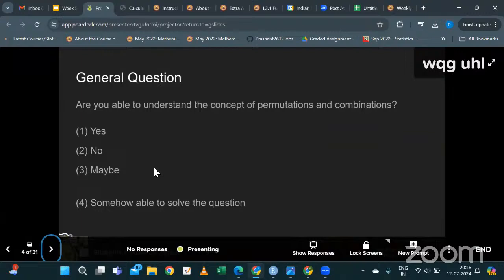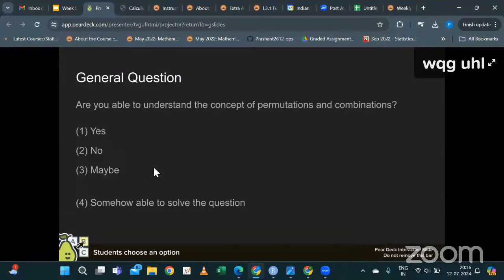Okay. So this is a very general question. I just wanted to know your thoughts on this, whether you are able to understand the concept of permutations and combinations, or is there something you find difficult. You can give your honest answer.